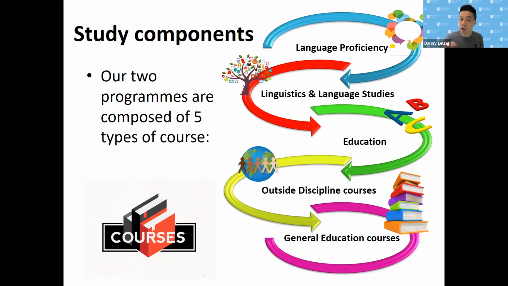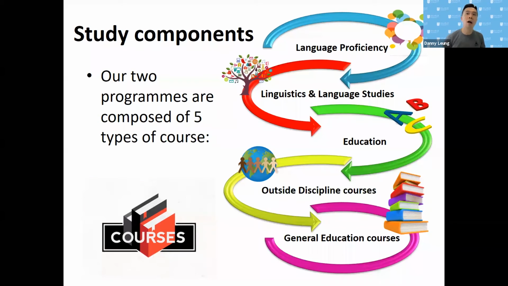But in a university setting, apart from these major courses, we are also talking about whether you know something else in addition to the disciplines that you major in. And that's why students will be required to do what we call outside discipline courses. In other words, elective courses. You will have the chance to choose whatever courses you would like to do, as long as they're offered by the university.